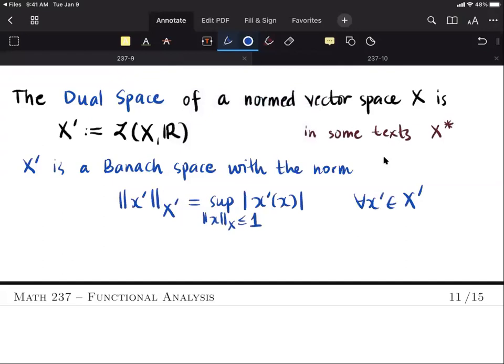So again, even if the primal space X is not complete, the dual is always complete according to the previous theorem, stating that here our codomain is R, and we know that this is a Banach space. Therefore, the dual space of any vector space is complete.